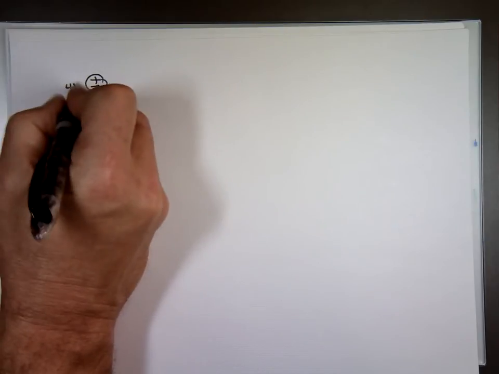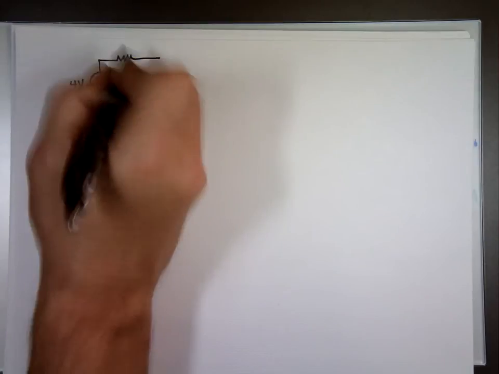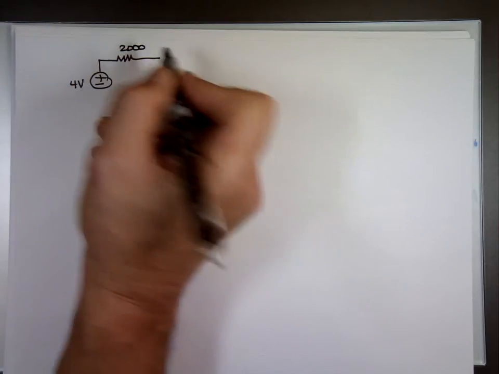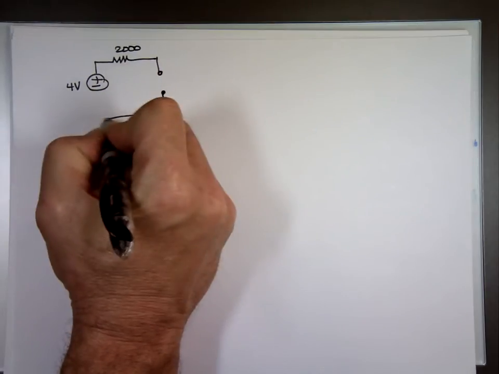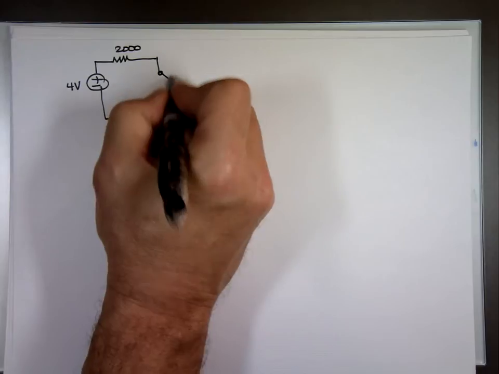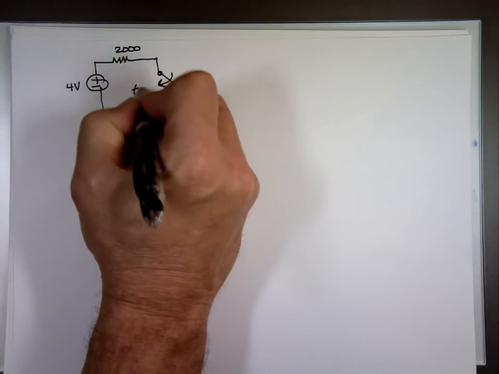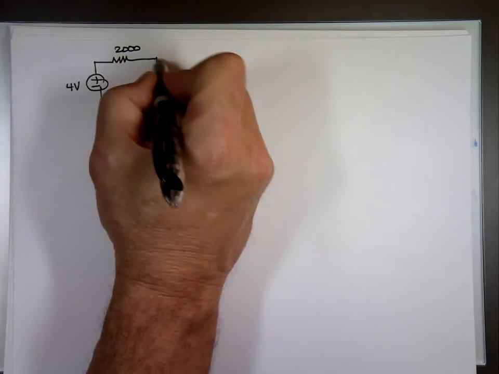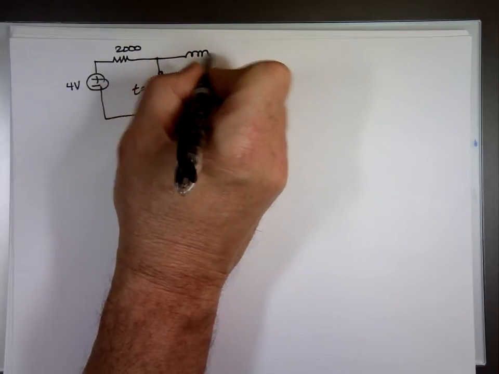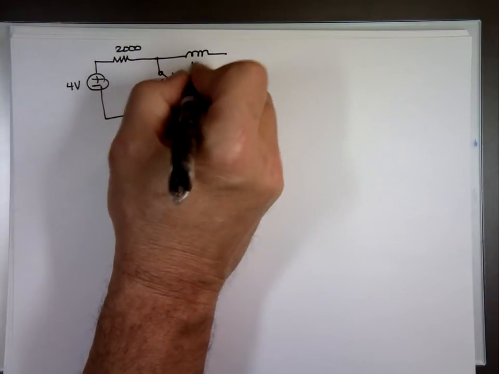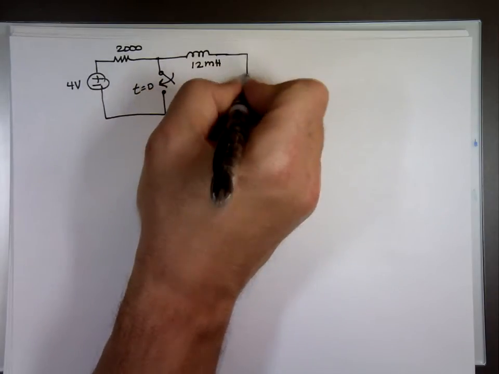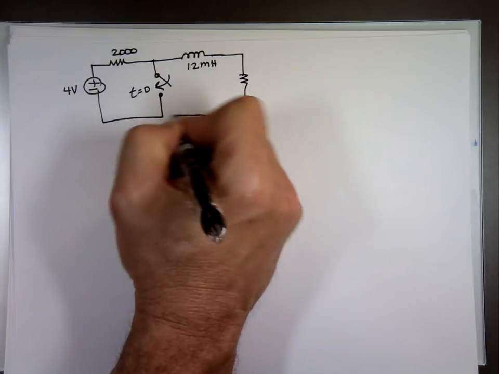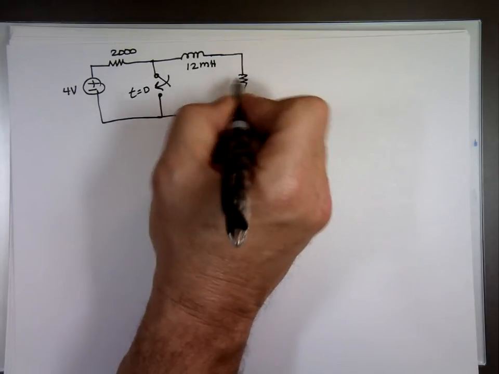4 volts, 2K, switch here, open, close at t equals 0. 12 millihenry. 30K.